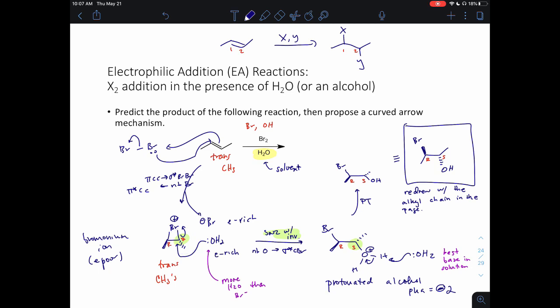And then I rotated the molecule in space a little bit just to get the alkyl chain in the plane of the page, the way that it's traditionally written. And I can show that by R staying R and S staying S, that all I did was rotate the molecule in space. I didn't change any absolute configurations, which would not be good because we're not breaking or making any bonds. I'm just rotating the molecule around. Okay.